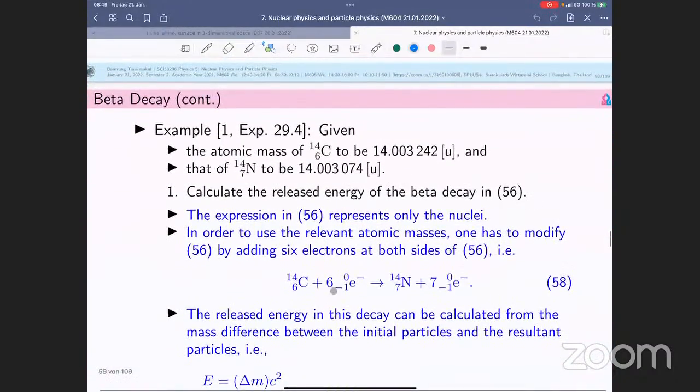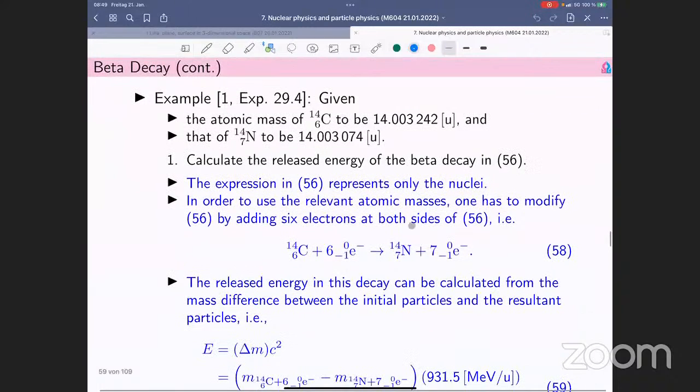And yes, of course, we are going to consider the released energy. So the one that we could see is the excess mass, right? The mass that is greater than the input side. So you could see that the output has mainly the nucleus of the nitrogen 14, 074 and this one 242, right?